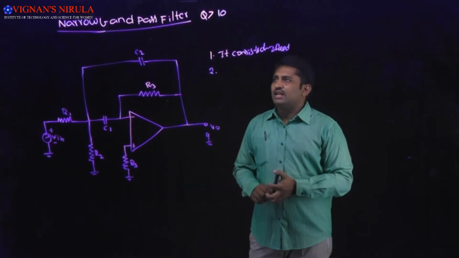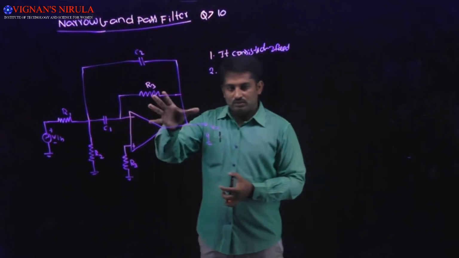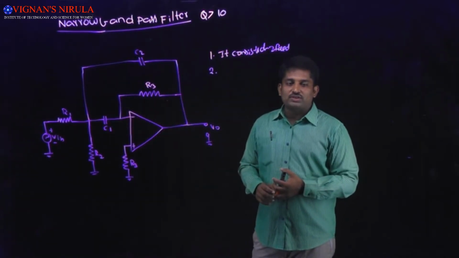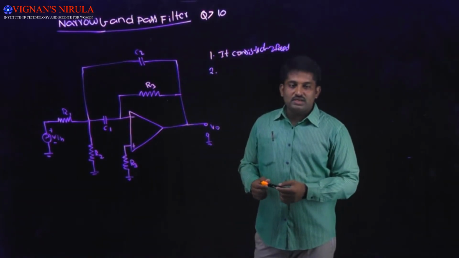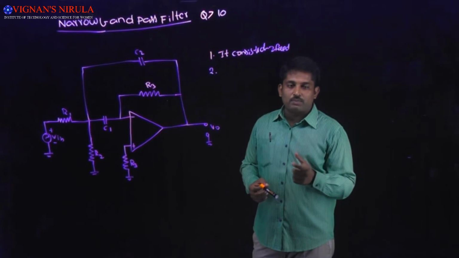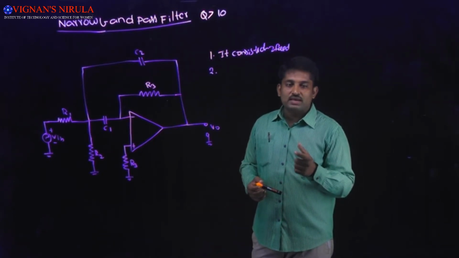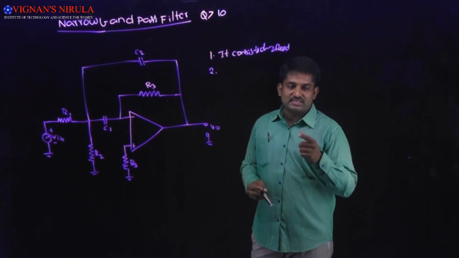That's why the narrow band pass filter is operated in the inverting configuration of op-amp, and the resistance R3 is connected to the non-inverting input terminal of an op-amp, which is used as a bias resistance, or compensating resistance.